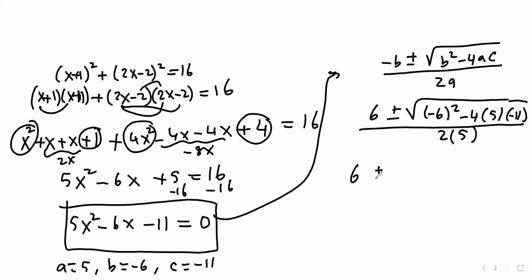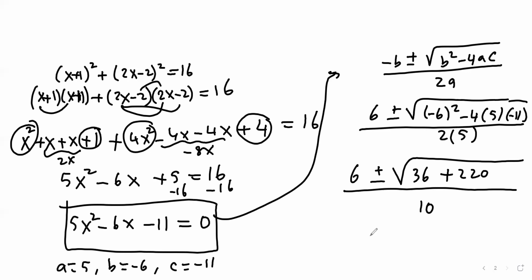So 6 plus or minus the square root of 36 plus 220, divided by 10, which is 6 plus or minus the square root of 256, divided by 10.